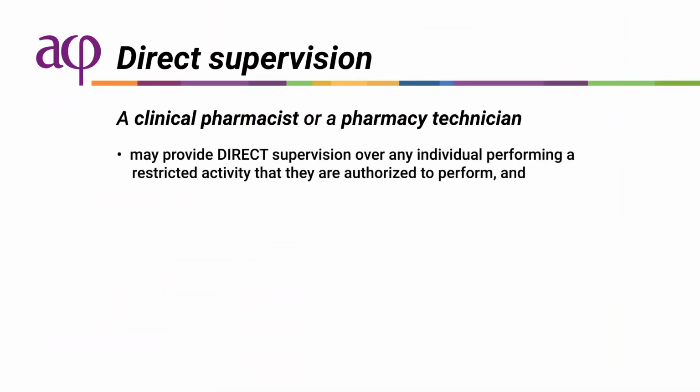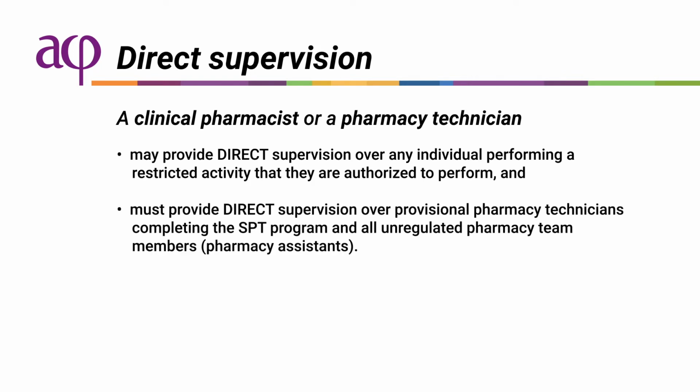Okay, Greg, so when is direct supervision required? A clinical pharmacist or pharmacy technician may provide direct supervision over any individual performing a restricted activity that they are authorized to perform. A clinical pharmacist or a pharmacy technician must provide direct supervision over provisional pharmacy technicians completing the structured practical training program and all unregulated pharmacy team members, including pharmacy assistants.